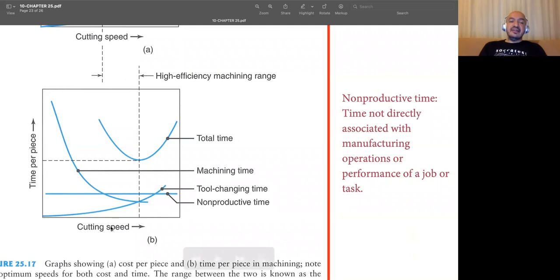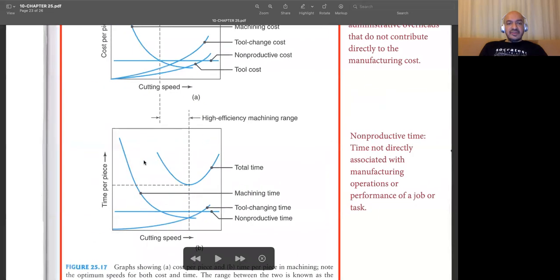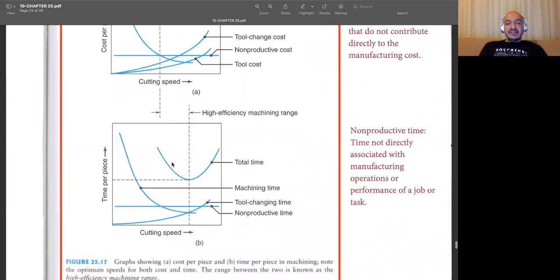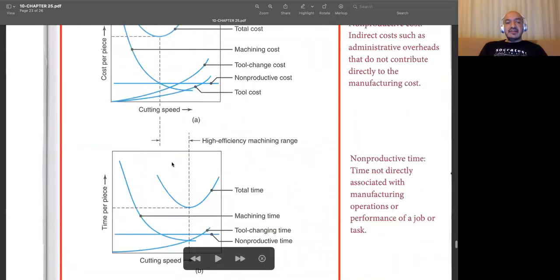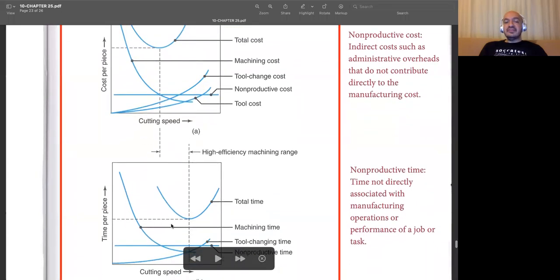Once you again sum all these sub items together, you'll obtain such a curve giving you the overall machining time. And we now know that we have an optimum cutting speed, which results in the lowest machining time. But if you compare these two plots, we don't have a single cutting speed which gives you the lowest cost and lowest machining time.